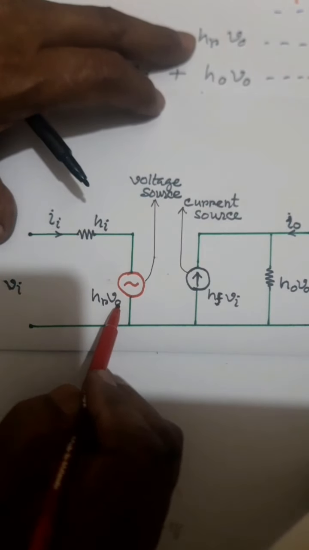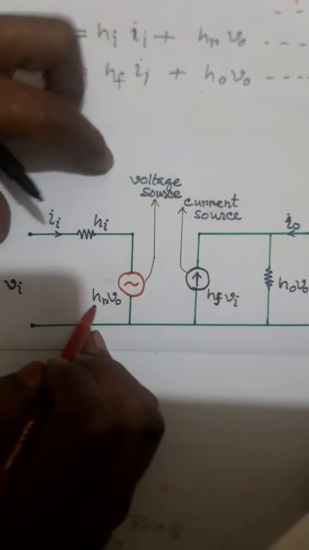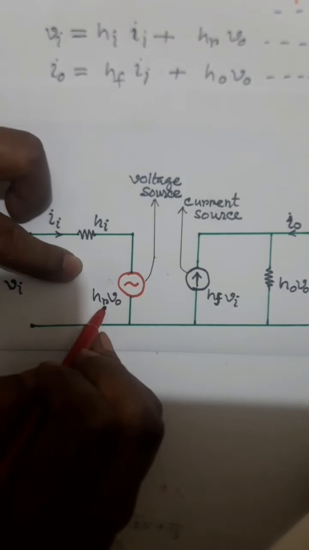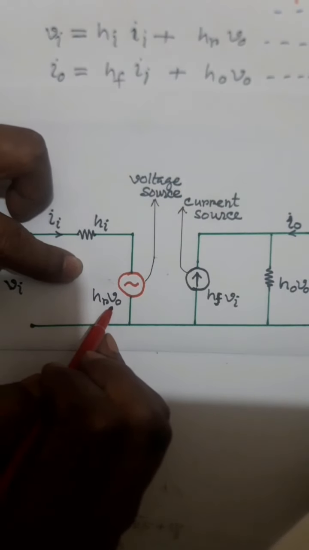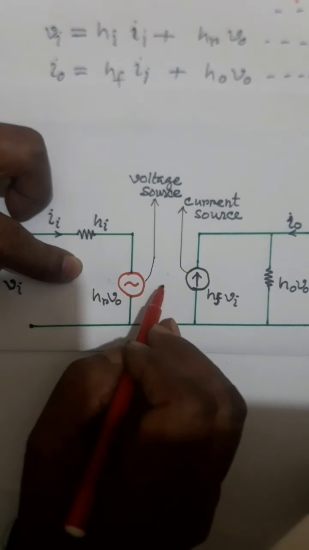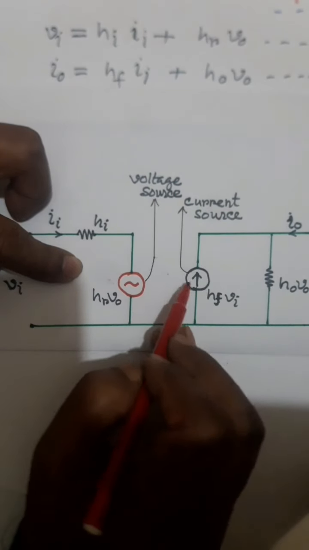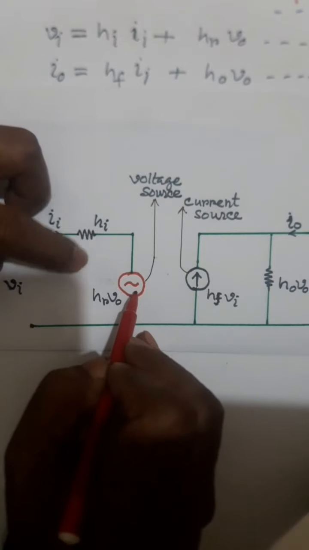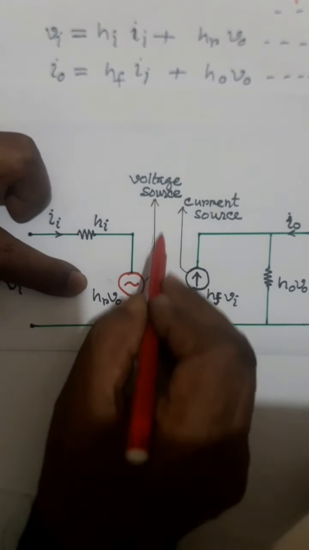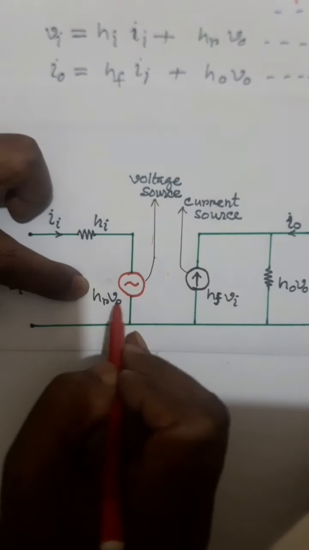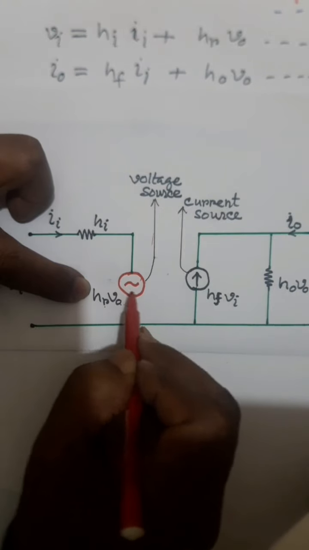Vo is the output voltage and Hr is the reverse transfer voltage ratio. Hr Vo is a voltage source.